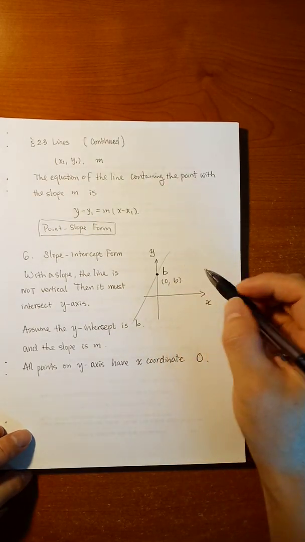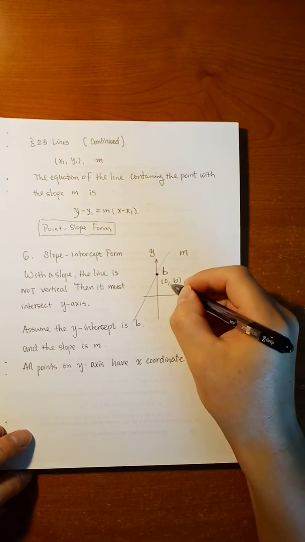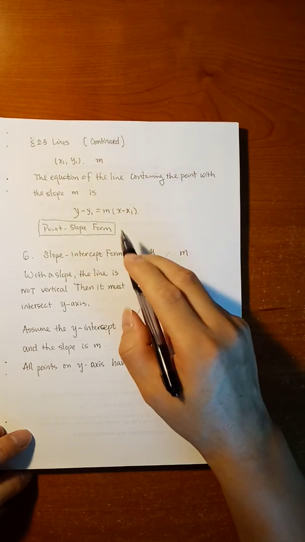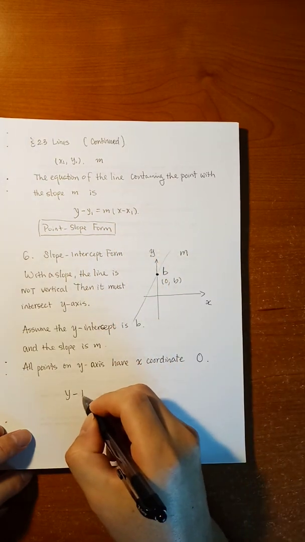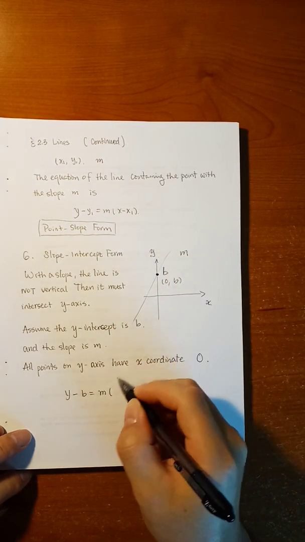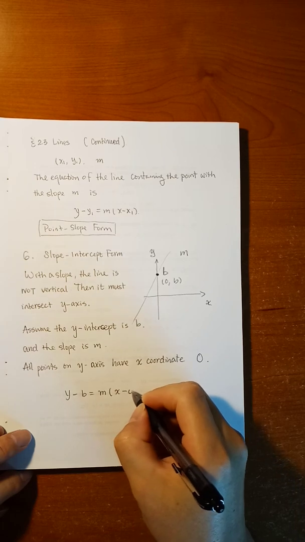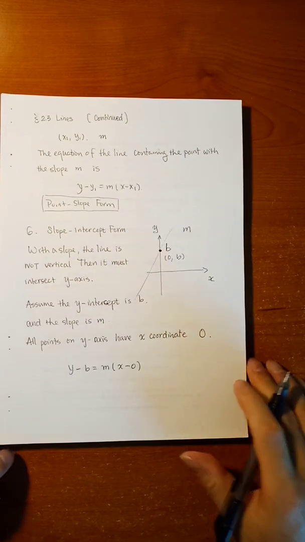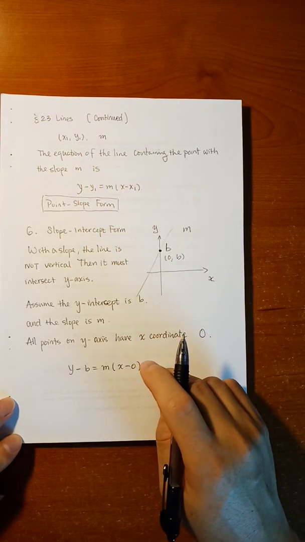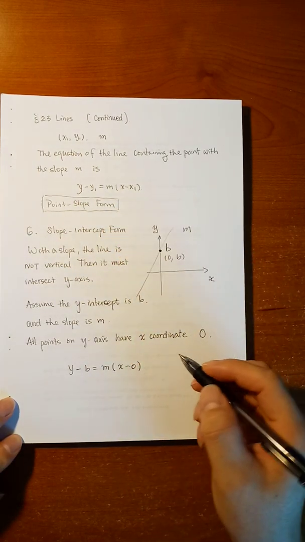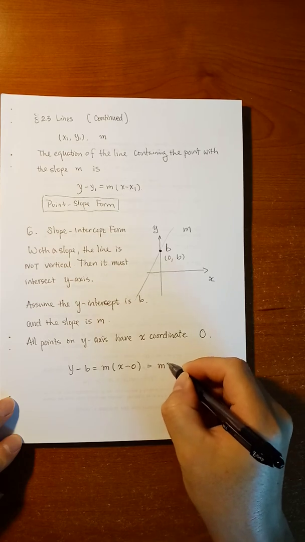And then you have slope m, you have this special point (0, b). Let's apply the point slope form. y minus b is m times x minus 0. So by the point slope form, we have this equation. x minus 0 is x, so mx.